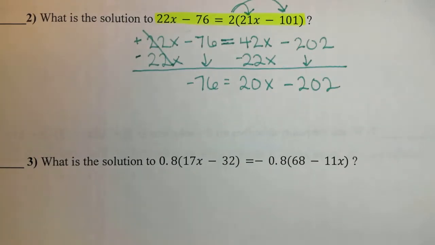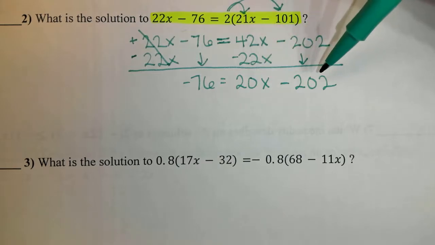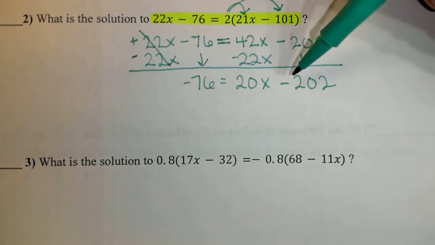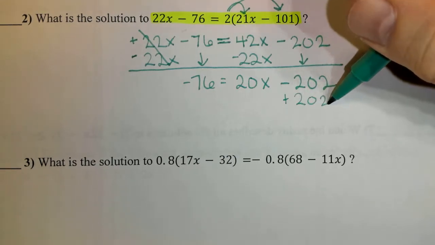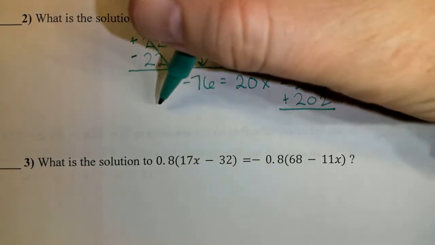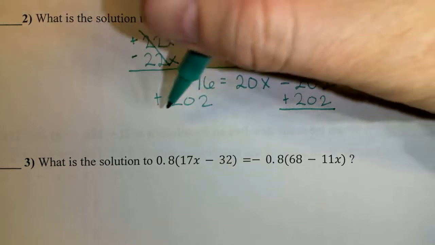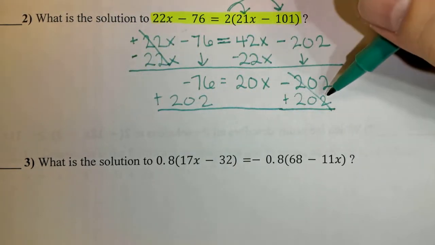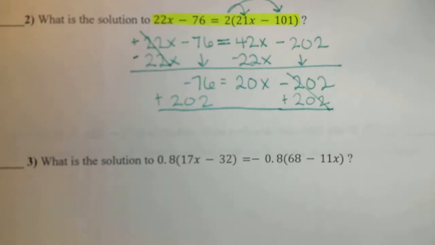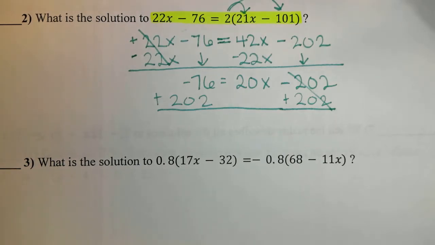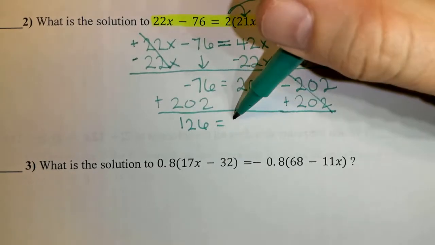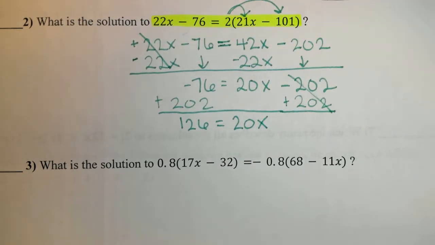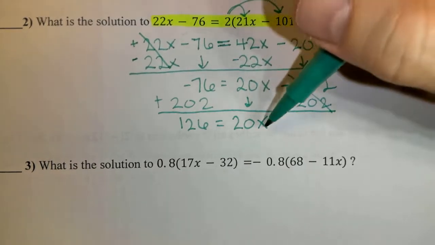All right. So my x's are on the same side. My numbers need to go to the other side. Because it's minus 202, I will do plus 202 on both sides. Those become 0. And I do 202 minus 76. You get 126. Because I brought that down, that didn't change.